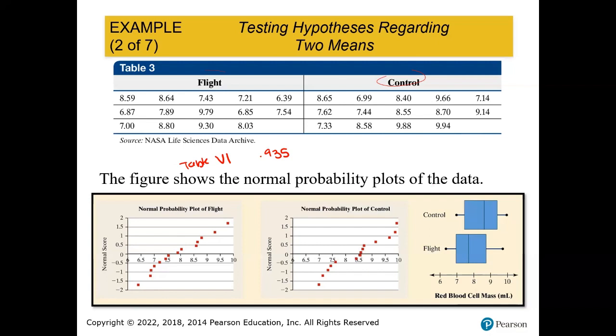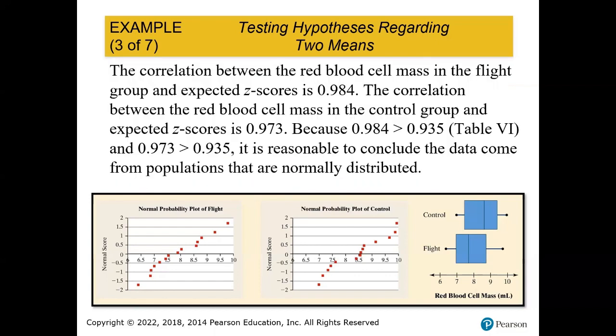Or you can use this over here. We need 0.935. So this first one here, the correlation in flight is 0.984. The correlation over here is 0.973, both of which are greater than the 0.935 that was needed to say they were normally distributed.